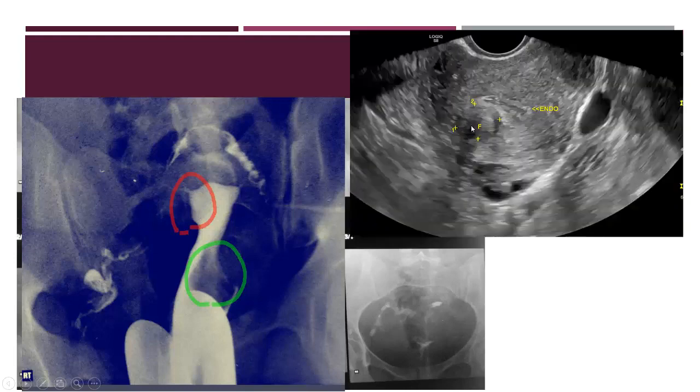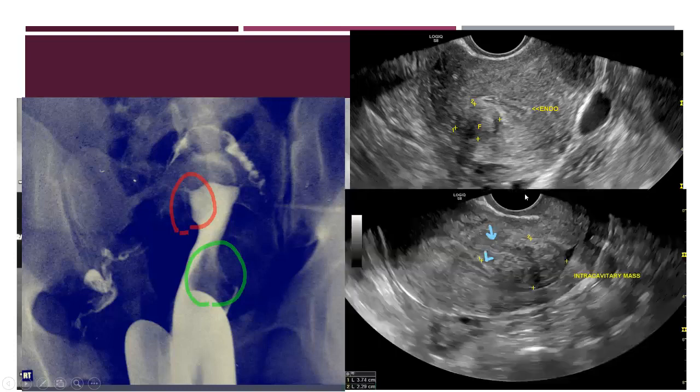Here is the fibroid indenting the cavity. This is the first one, the fibroid indenting the cavity and displacing the endometrium. And here there is another intracavitary mass, cervicocorporeal, which corresponds to this one. So these are uterine fibroids.